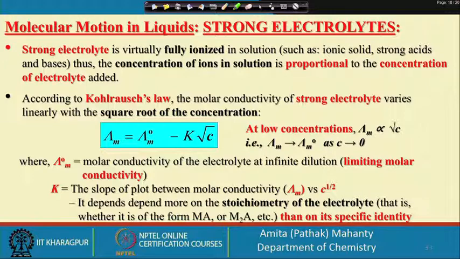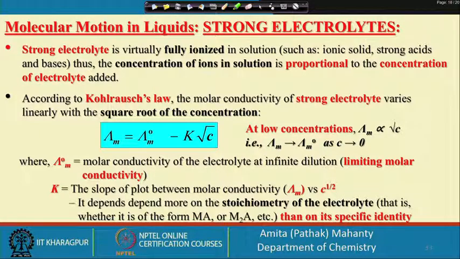Here mx, this is going to be the m and this is going to be x. That means C is the concentration which is varied, and you have a change in the molar conductance values, and this is the constant for a particular solute and a particular solvent system.